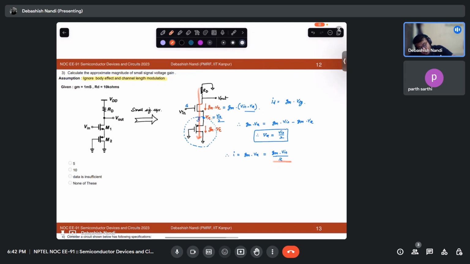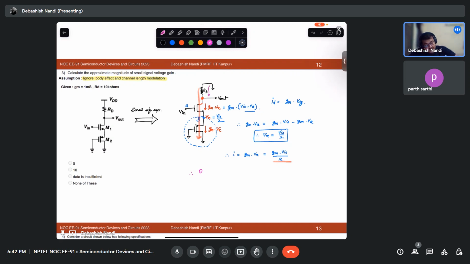So what is this voltage? How will you calculate this voltage? There is a current flowing outside, right? So your 0, let's take the same direction. There is a current flowing this side.